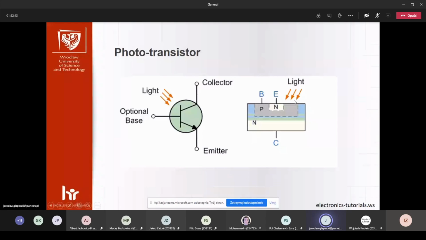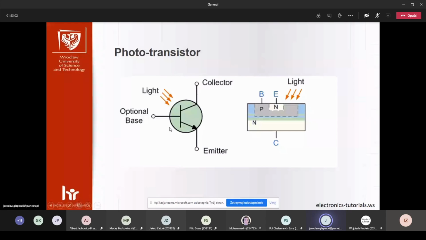So we can use it as a light sensor with some beta coefficient. It is more sensitive than a typical PN junction, the typical photodiode.